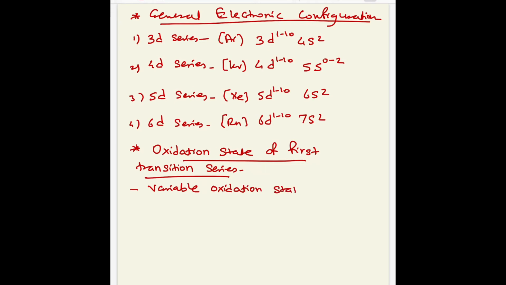The loss of 4s and 3d electrons progressively leads to the formation of ions. Loss of one electron from 4s leads to the formation of M plus ion.